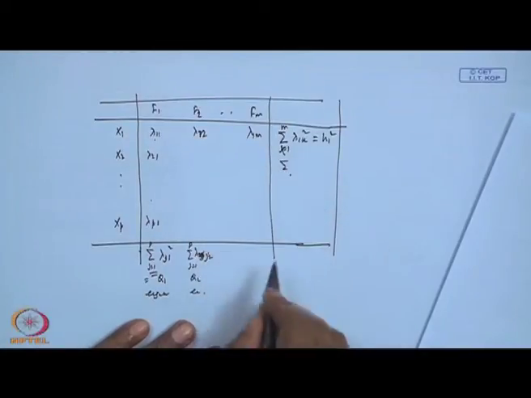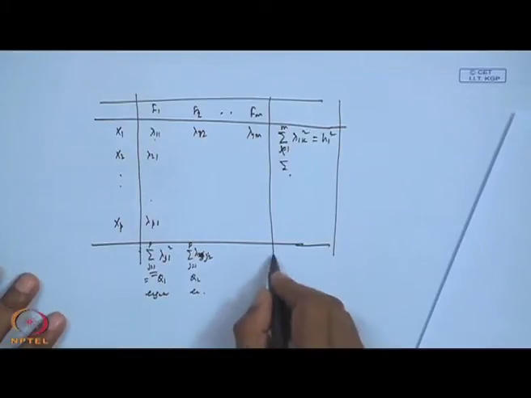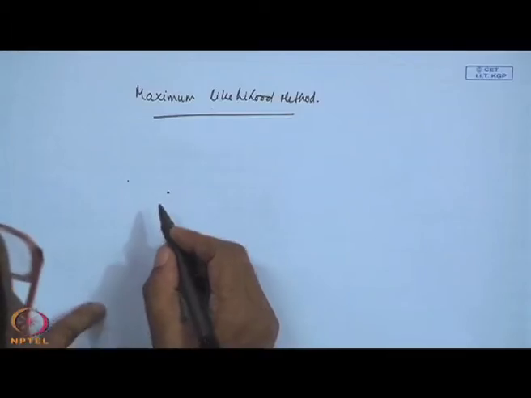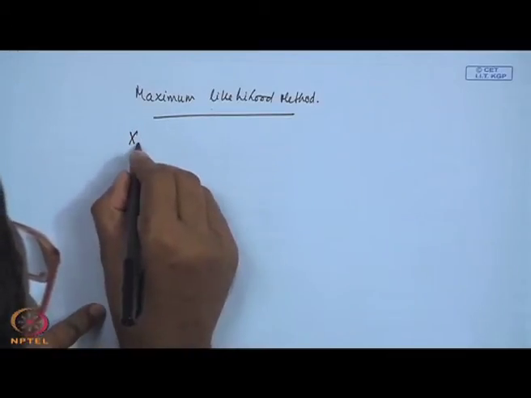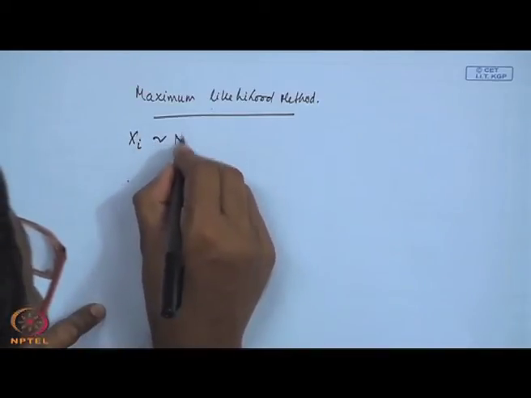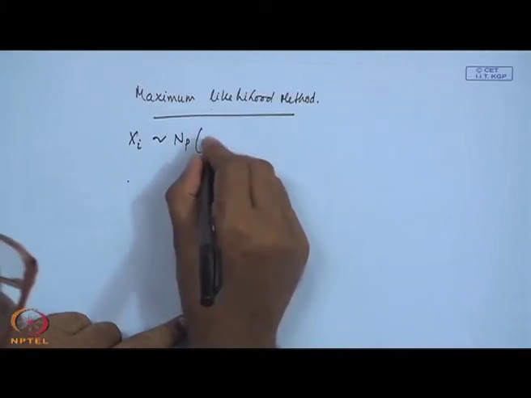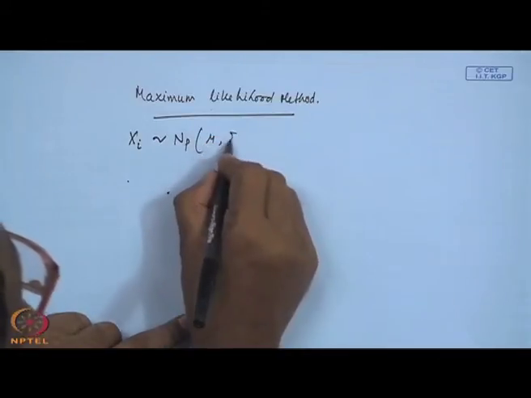And similarly like this. Okay. So this is what is estimation. I think I will give you a little input to the maximum likelihood estimation, but in maximum likelihood estimation the assumption is xi is multivariate normal, N_p(mu, sigma).